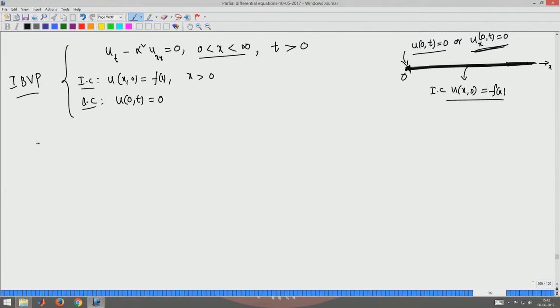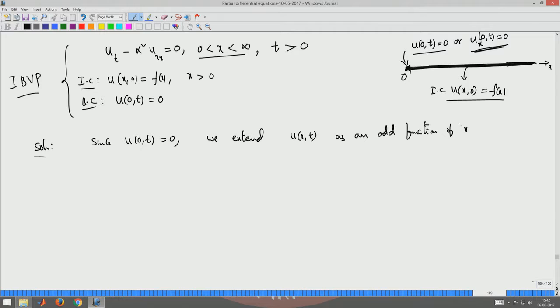How do we find this solution? Because of the boundary condition u(0, t) equal to 0, we extend u(x, t) as an odd function in x.